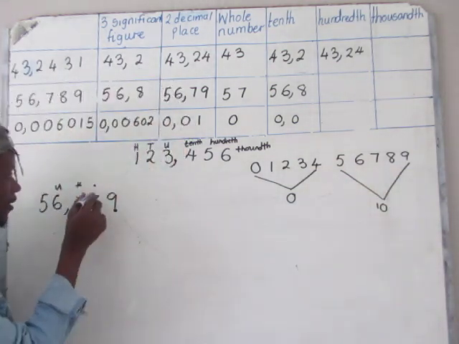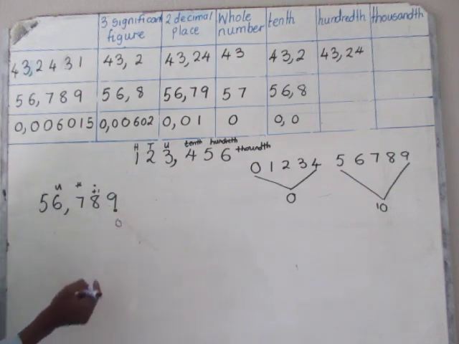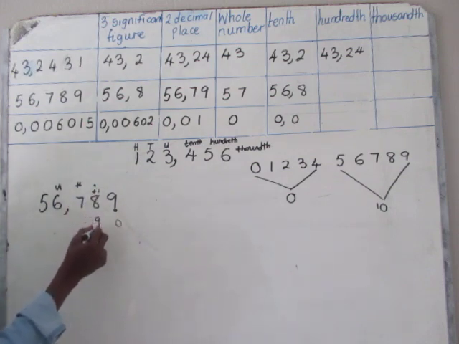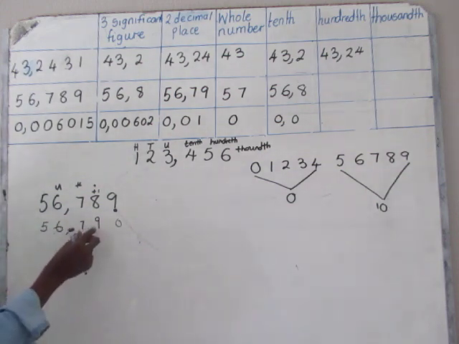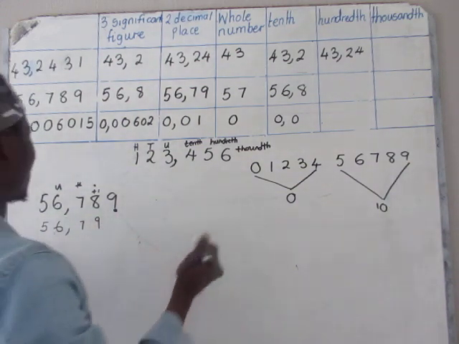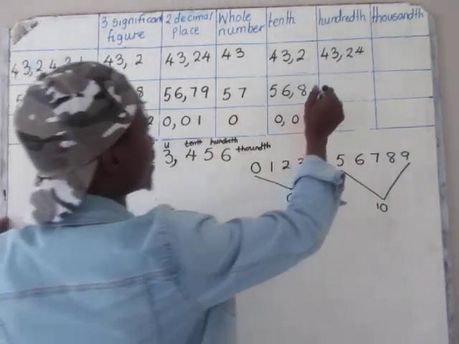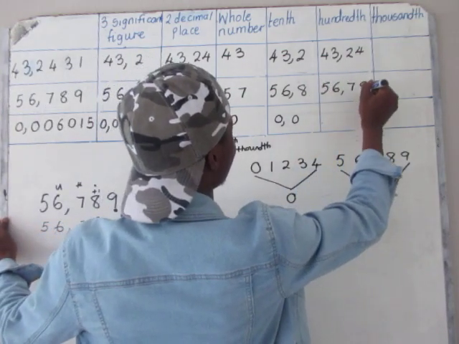So I come here and say plus 1. So 9 automatically becomes 0. 8 plus 1 is 9, 7, 56. So to the nearest hundredth, I only need these 2 numbers, so there's no need of writing this 0. That becomes 56.79. That's 56.79.